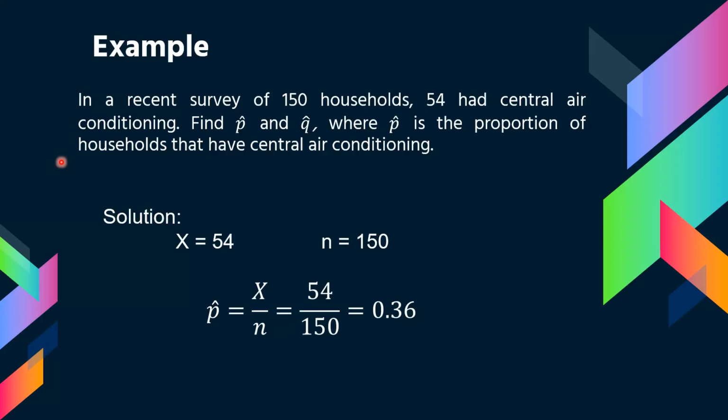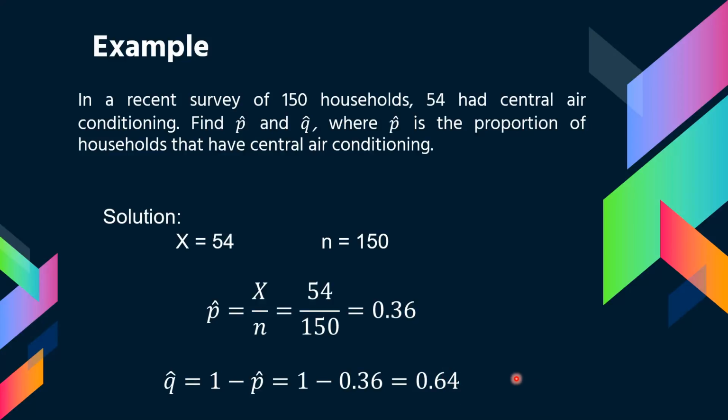Or it means to say that 36% of the households have central air conditioning. So the 0.36 can be represented also in terms of percentage. So that is 36%. Therefore, the difference between 1 and 0.36 is 0.64. In other words, if we add these two numbers, this is equal to 1.